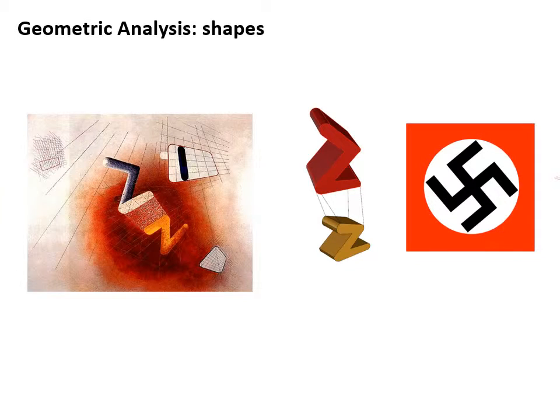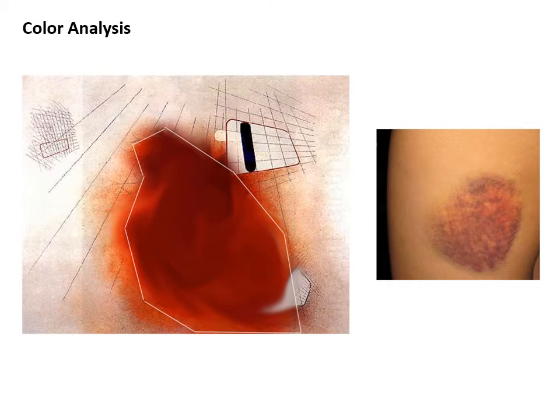Okay, now this one's a little different. For this analysis, I decided to take out the shapes and just focus on the big red in the middle. When I first saw this, I wasn't sure what it was.